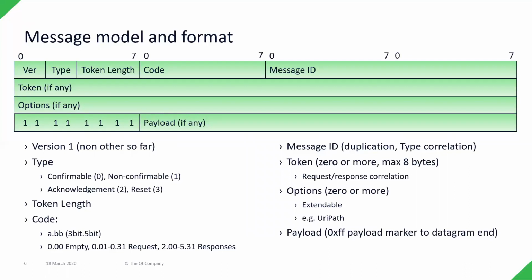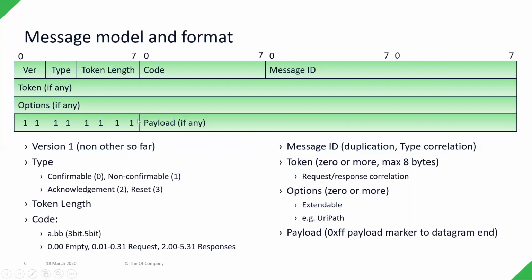Basically, the first request would be: give me everything from offset 0 to whatever your MTU length is, maybe, or slightly less. And then you get a message ID matching back with a token for that very same thing, and that contains the payload. And then you make another block request for the next offset, which has another message ID, but the token would still be the same because they technically belong to the same block transfer, all individual messages. It can of course be 0 as well if it is not required.